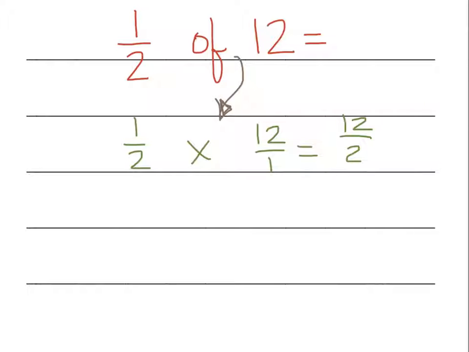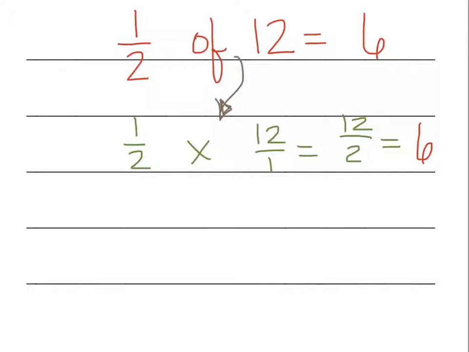Now we look at what we did yesterday, which is turn this improper fraction into a mixed number, which hopefully, since it was just yesterday, you would say, oh, I know what to do. 2 goes into 12 6 times. So 1/2 of 12 is 6. Now, those are just a few things to remember.